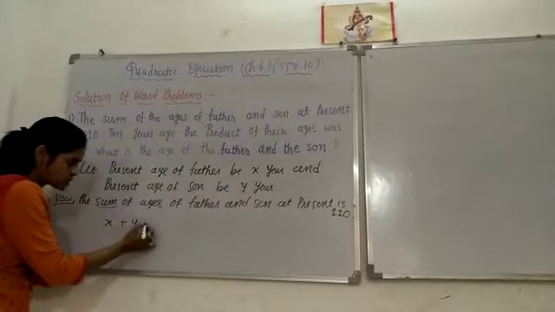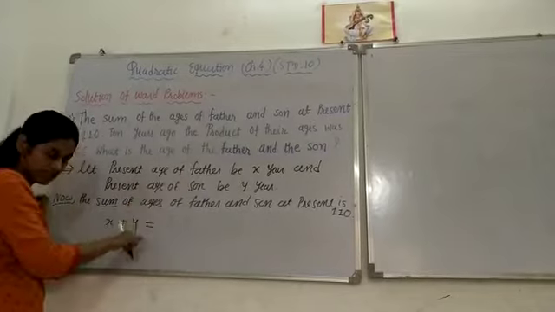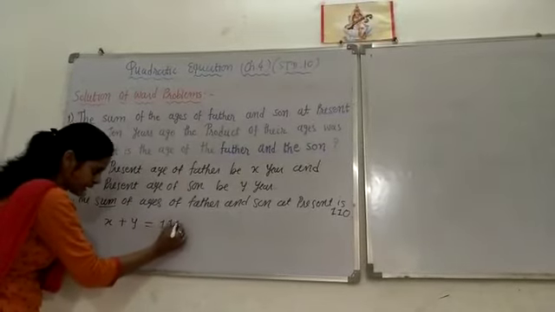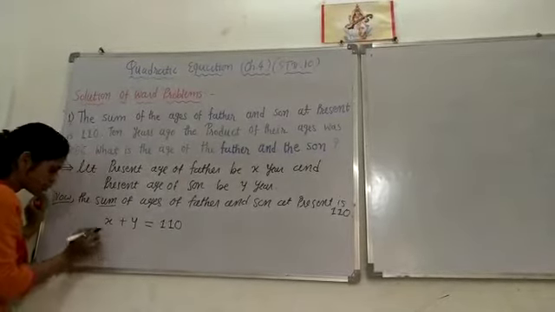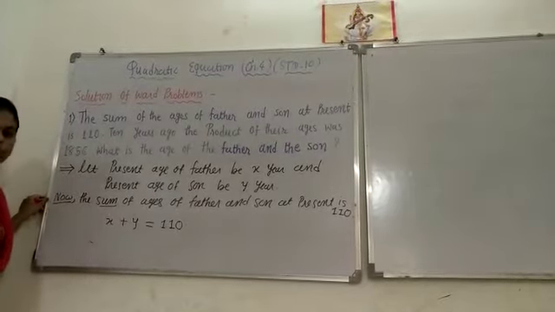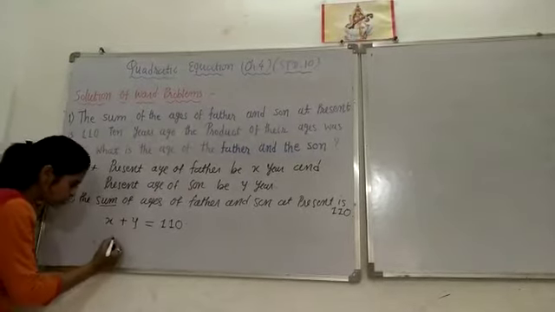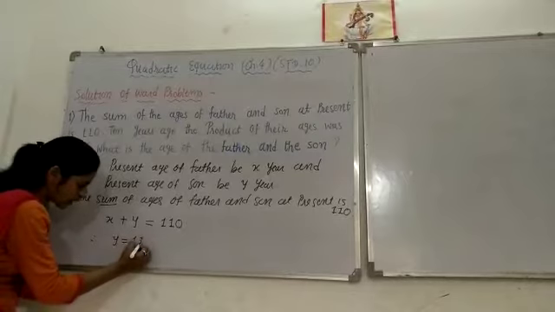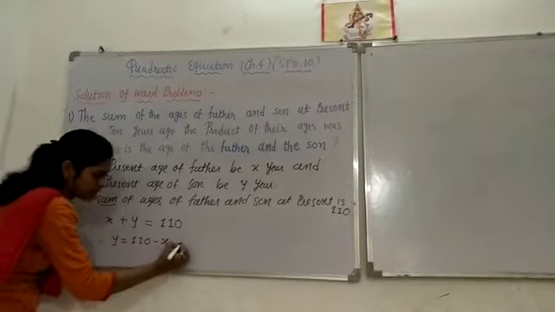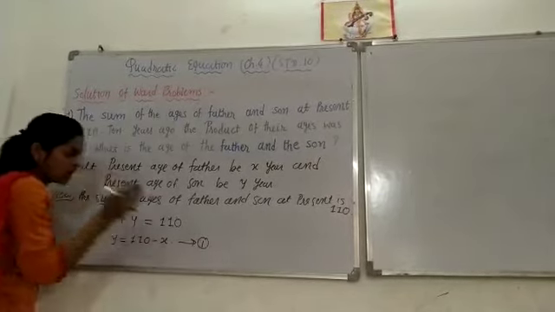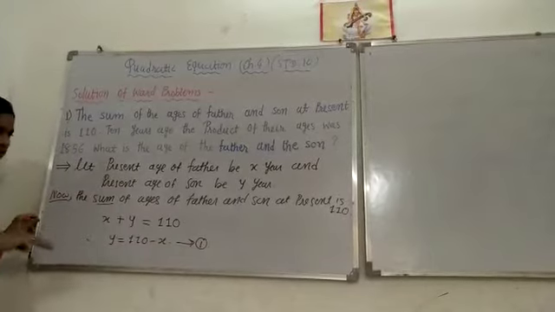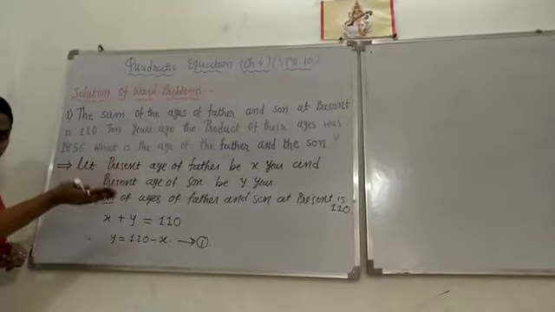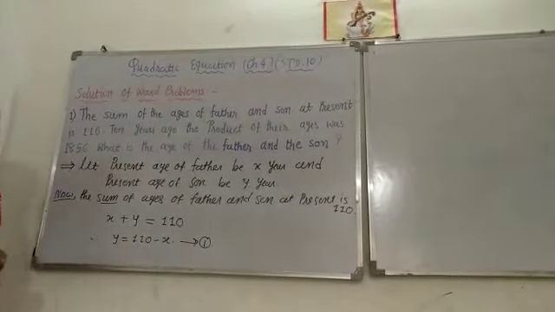So the sum of these two ages equals 110. Now you want to convert one variable into a form of the other variable. So you can write y is equal to 110 minus x. Give it the name equation 1.